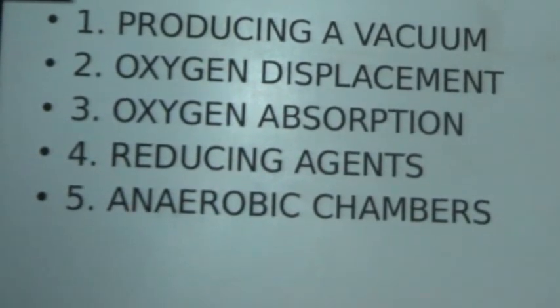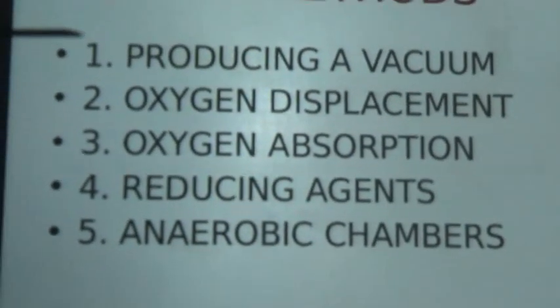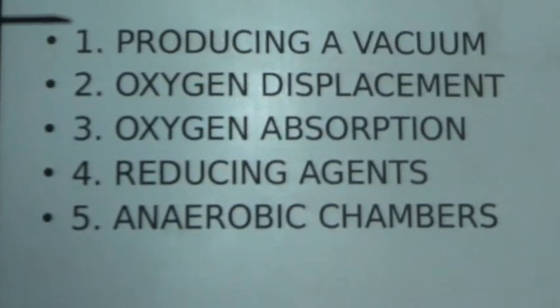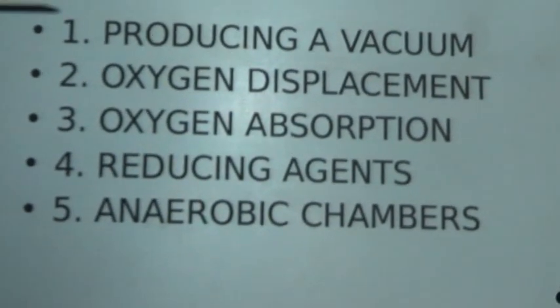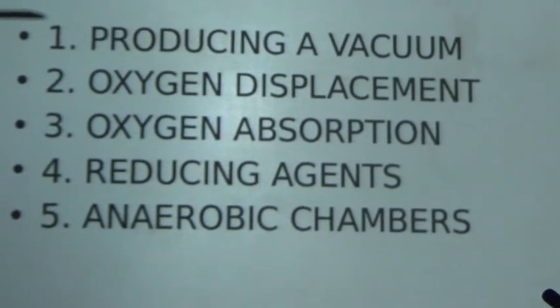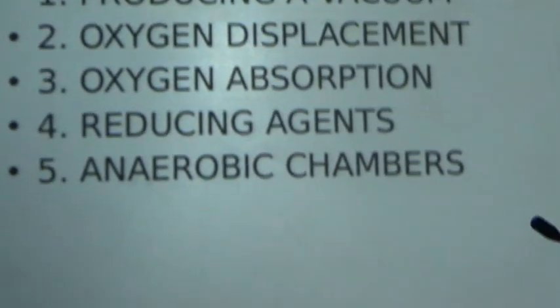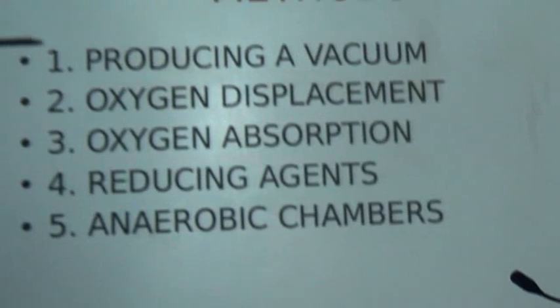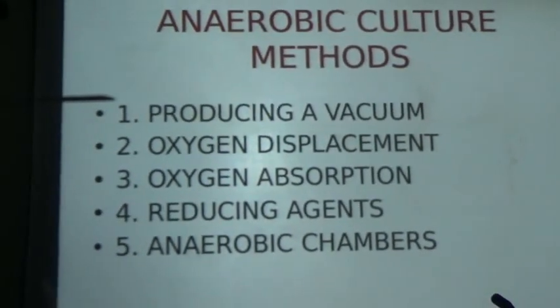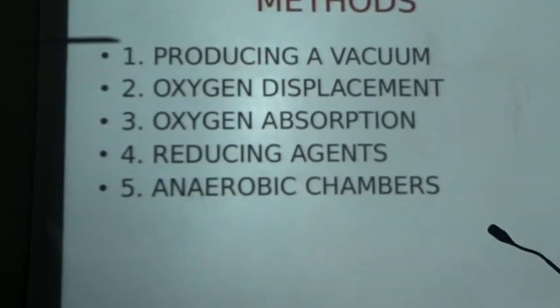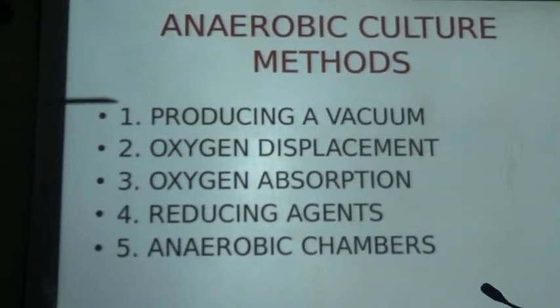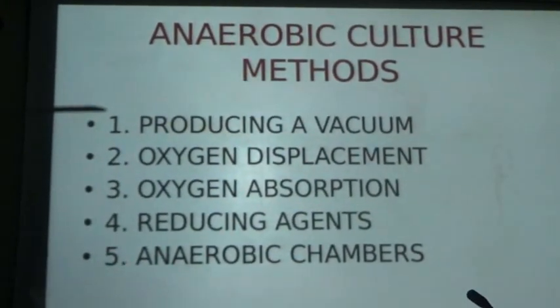The third way is oxygen absorption. It is done by various ways. You absorb oxygen and remove it from the atmosphere. Fourth way is by reducing agents. There are certain agents which cause reduction of oxygen, and there are certain chemical substances like glucose, maybe cysteine, ascorbic acid.